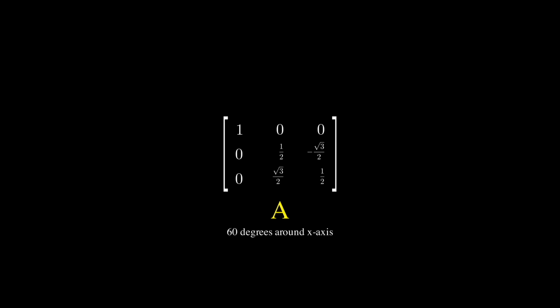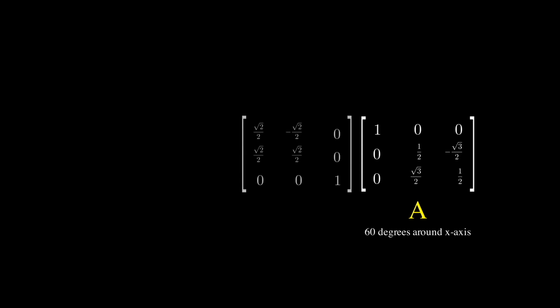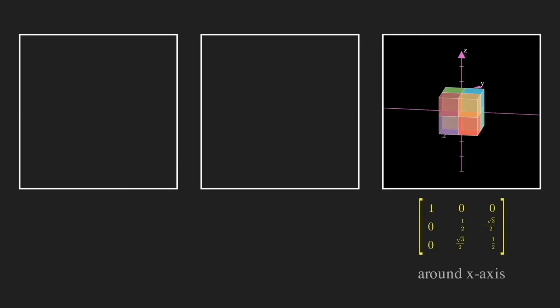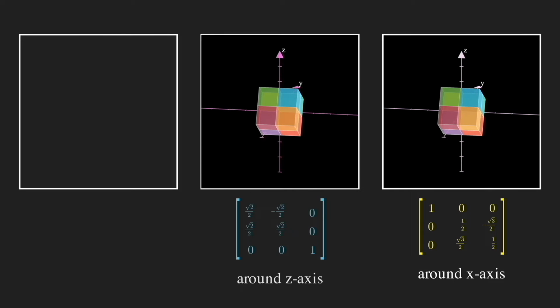Suppose I tell you orthogonal matrix A produces a rotation around the x-axis by 60 degrees, and matrix B produces a rotation around the z-axis by 45 degrees. If I multiply those 2 matrices together to get a matrix C, what do you think C is going to do? Well, let's see. Firstly, around x, and immediately around z.